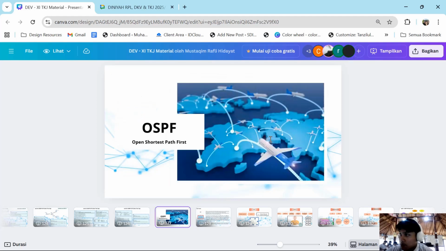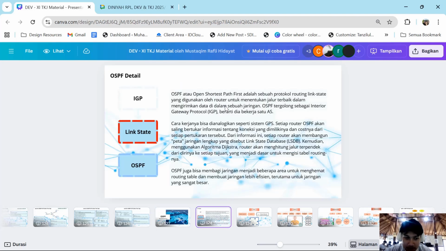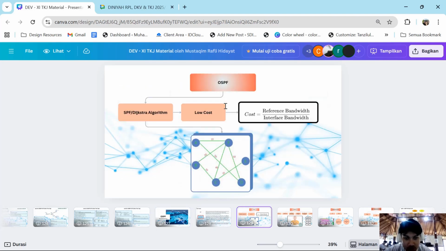By the way, just to remember, what is OSPF? OSPF is Open Shortest Path First. The routing protocol uses the shortest way, the shortest jump, as you can imagine from this picture. It is link state, so this is SPF.